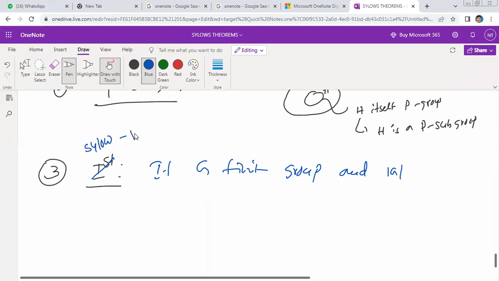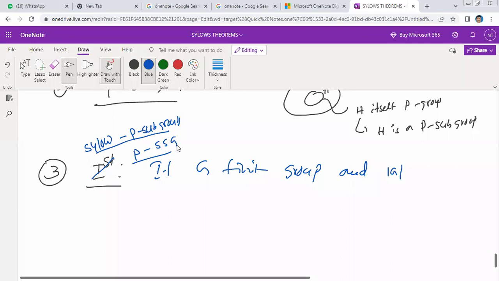It is the most important idea. It is also called PSSG, P-Sylow subgroup or Sylow P subgroup.